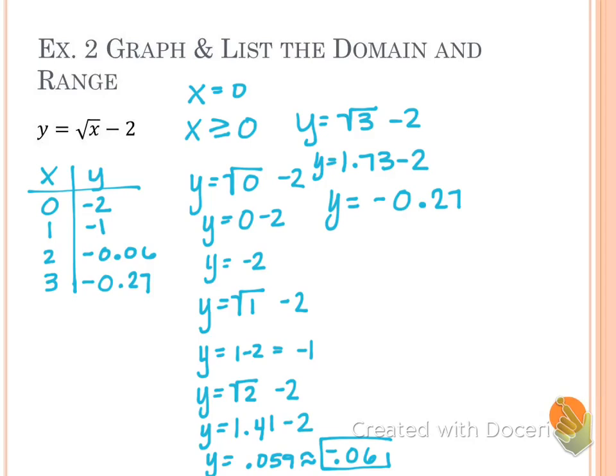Hold on 1 second. When you plugged in the square root of 2, which is 1.41, and you subtracted 2, are you sure you got 0.06? It's 0.59. Okay, that makes more sense. So this is supposed to be negative 0.6, right?